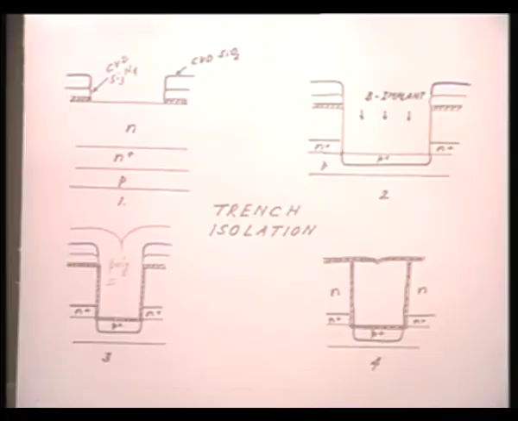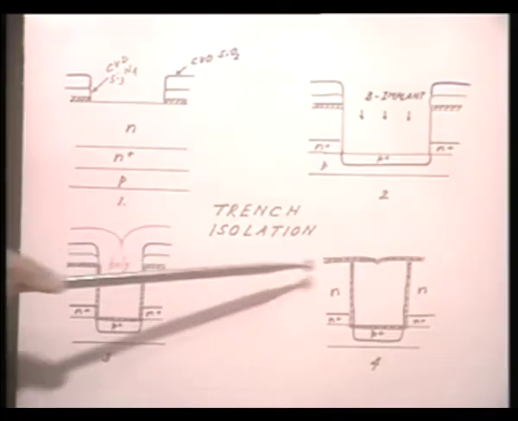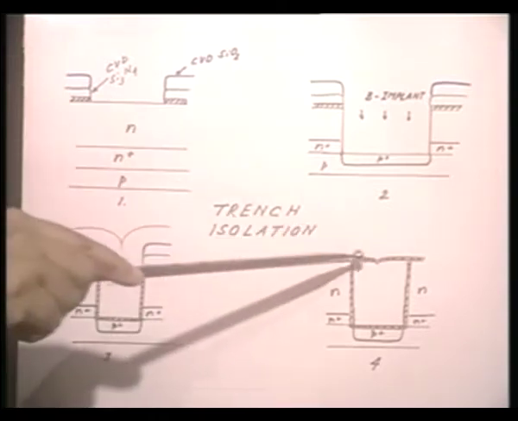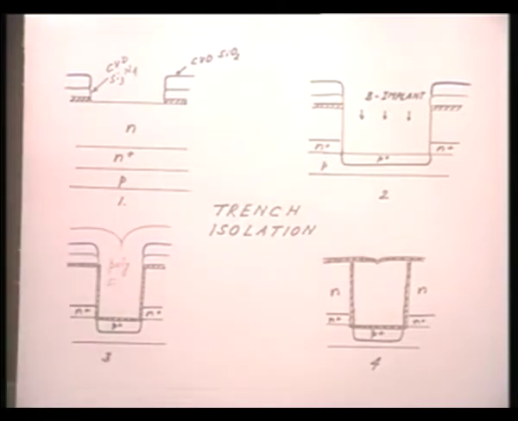At the same time, if the thickness of this oxide is too high, then remember there is a seam in the polysilicon, as it is getting deposited from both sides. So, there is a seam here. If the thickness of this oxide is too much, then oxidation can progress down the seam and it can push the two polysilicon regions apart. So, all these steps have to be very carefully controlled and standardized.